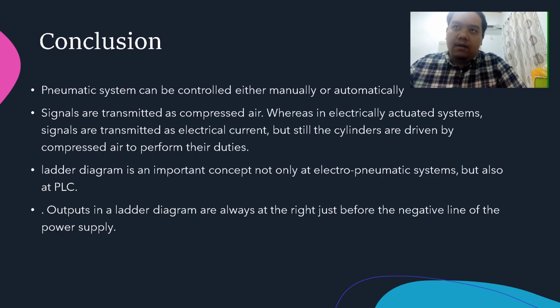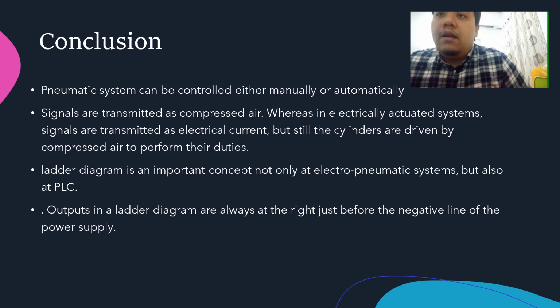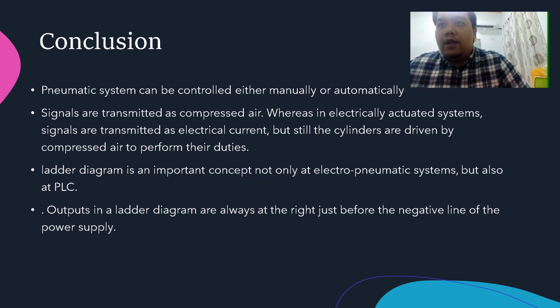Right, so as a conclusion, last but not least, a pneumatic system can be controlled either manually or automatically. In this project, we know that signals are transmitted as compressed air, whereas in electrically actuated systems, signals are transmitted as electrical current, but still the cylinders are driven by compressed air to perform their duties.